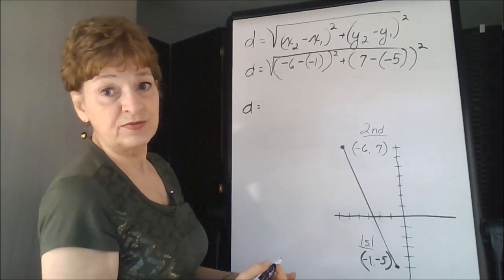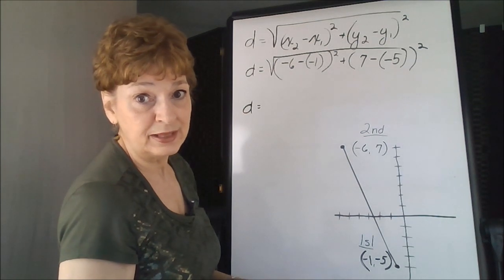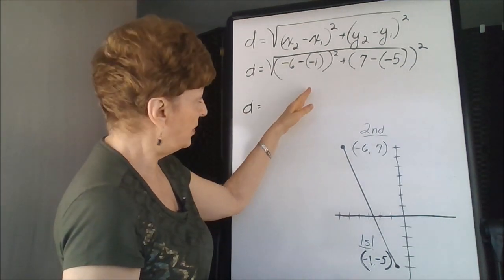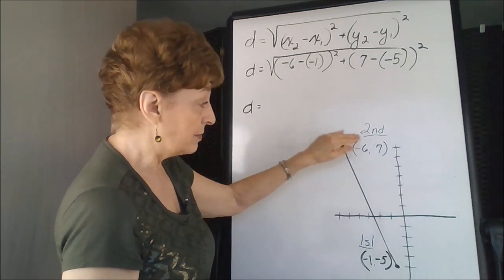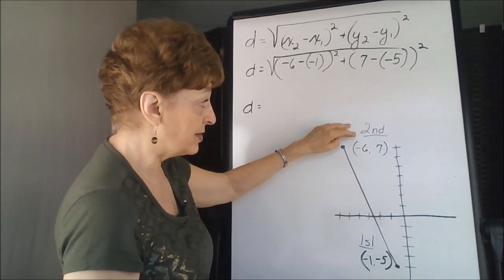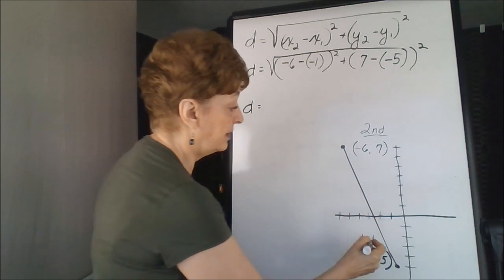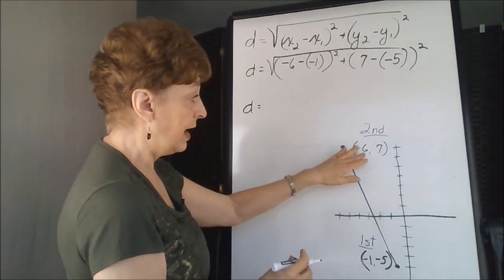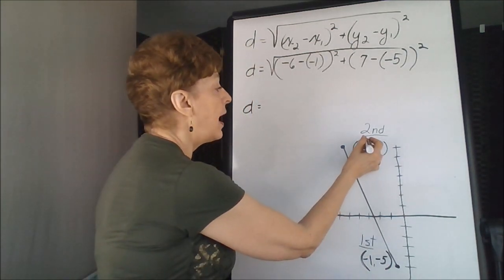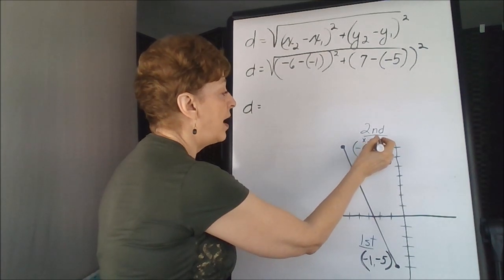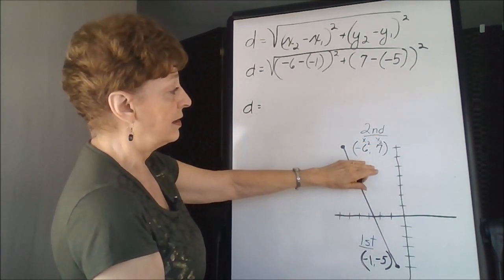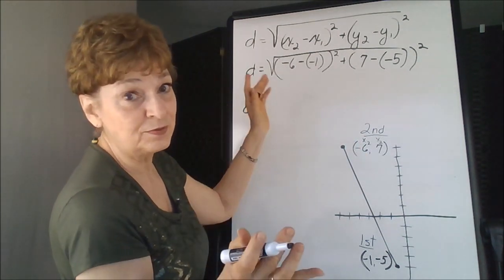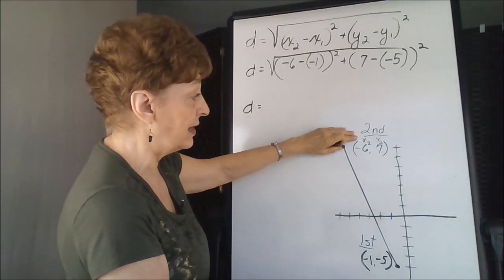I think the most vulnerable part of this is when you're populating the formula. This is where you have to get all of these numbers correct. So sometimes I mark my ordered pairs like I did here, first and second pair, so I don't have the busyness of x sub 2 and y sub 2. That's a lot to look at and process. Whichever way is good for you, you may find a different way.